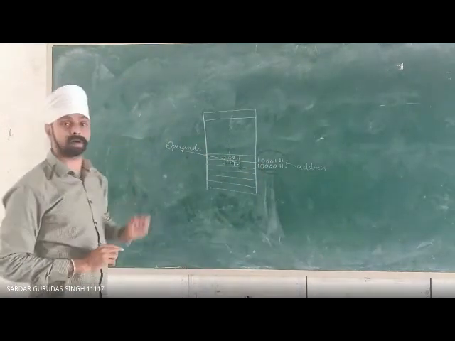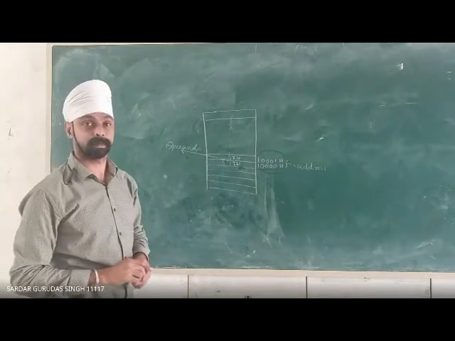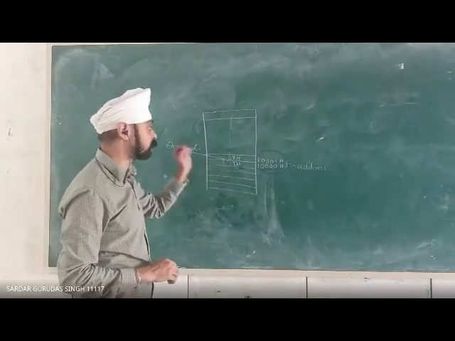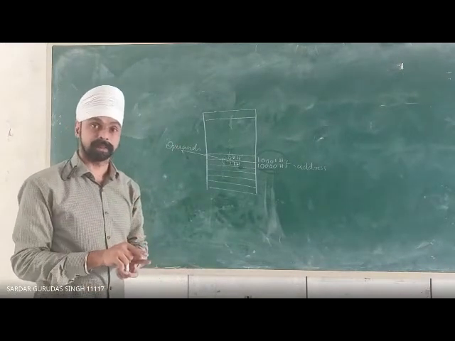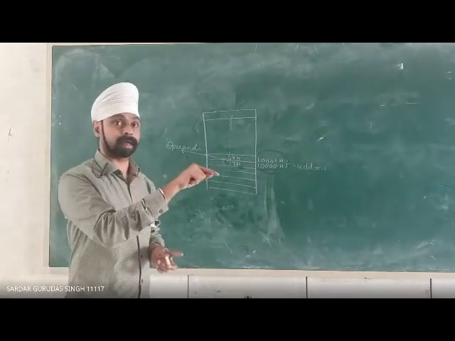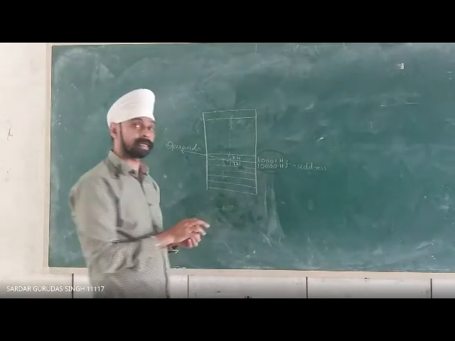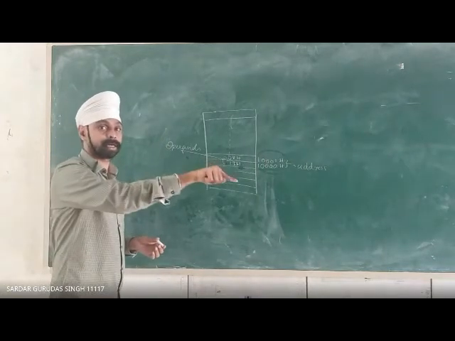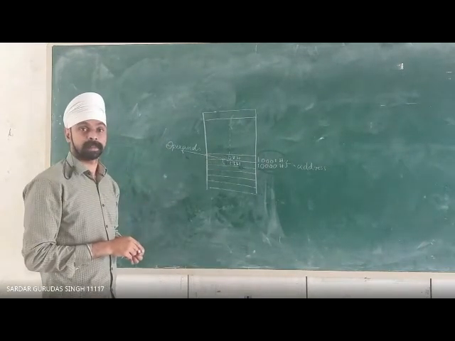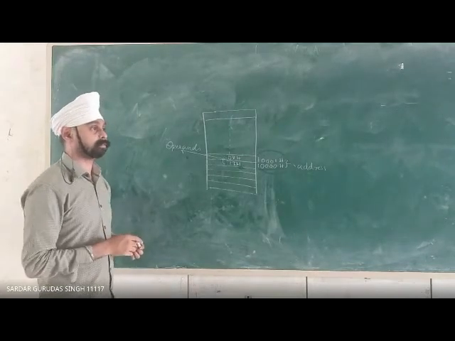That is what addressing mode is. How you are accessing this data. Accessing the data means reading the data from that address as well as writing the data into that address. Read or write is nothing but accessing.